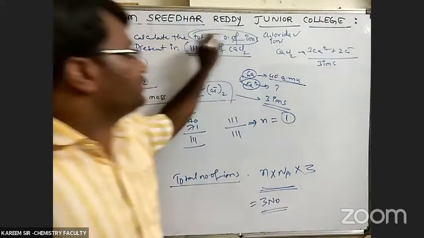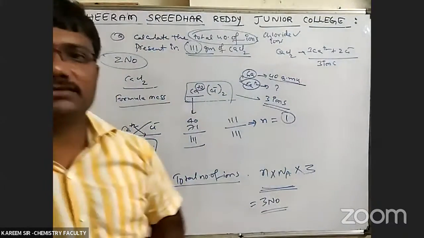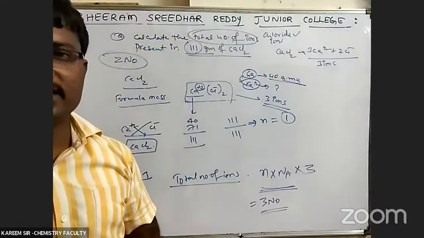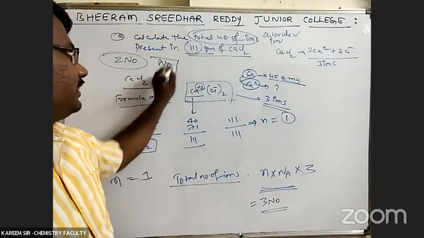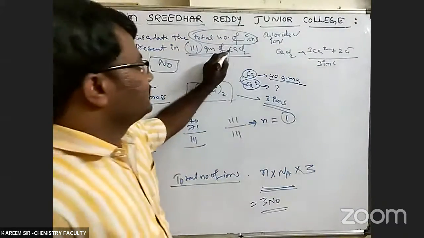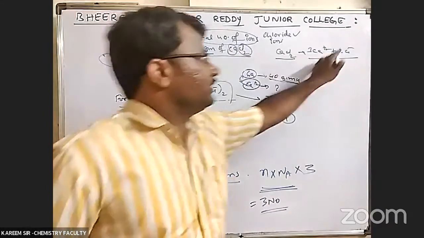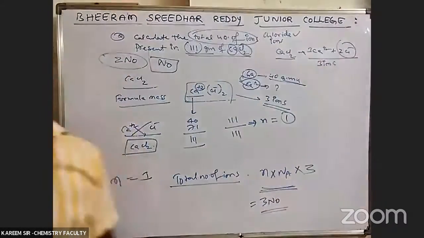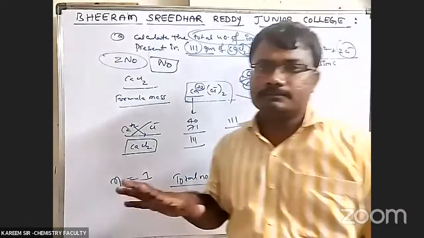How many calcium ions are there? Yes, simply 1 N0, because only one calcium ion is there in CaCl2. 2 chloride ions are there in one CaCl2. So like that, you should complete it.